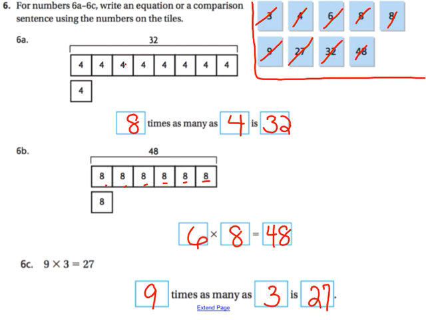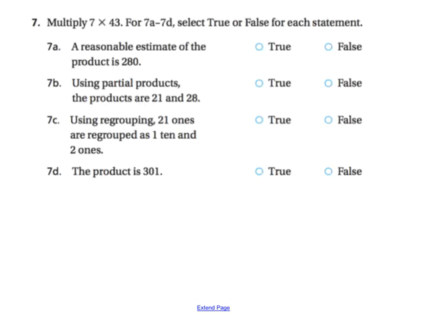Okay? All right, 7. Multiply 7 times 43. For 7A through 7D, select true or false for each statement. Well, first of all, question 7 starts with multiply 7 times 43. So I really should do that work. So I'm going to do 43 times 7, and I am going to do it 2 ways.